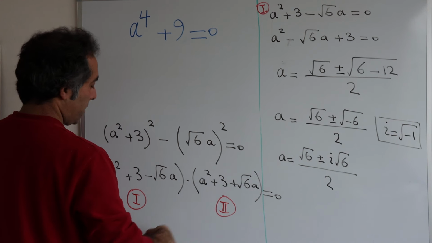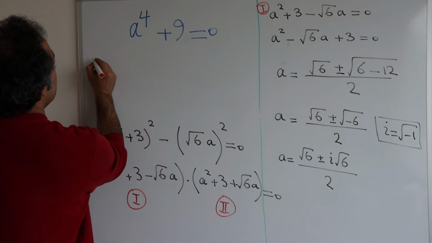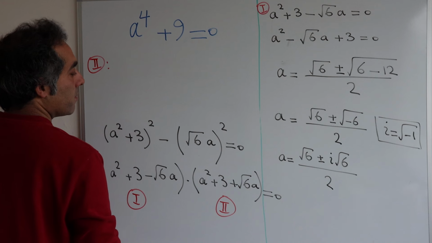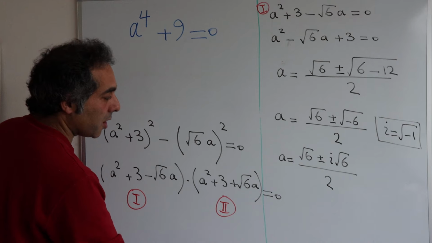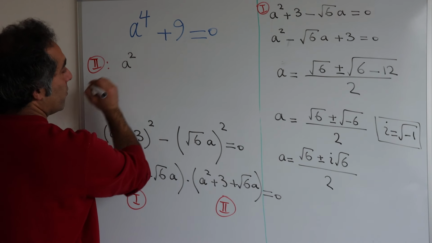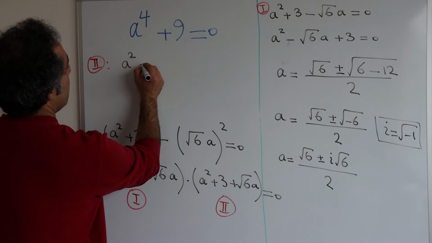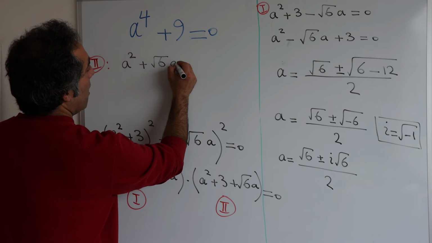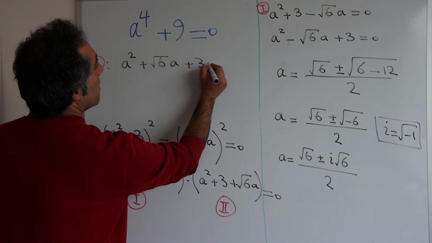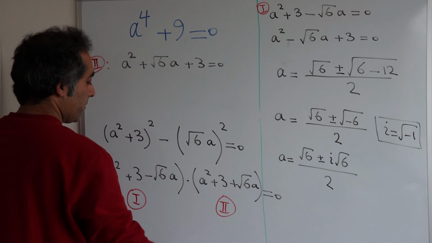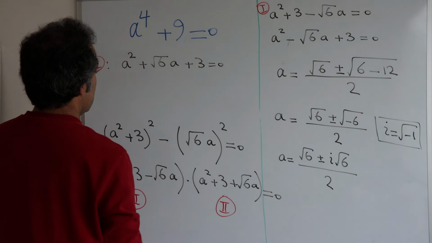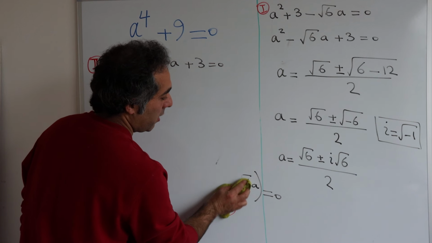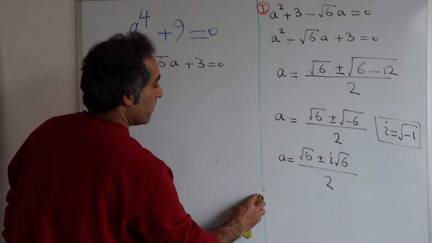Just write this second parenthesis in a standard form, I don't waste the time: r squared plus square root of 6 r plus 3 equals 0. Okay, you can see everything is the same, just one sign is different.